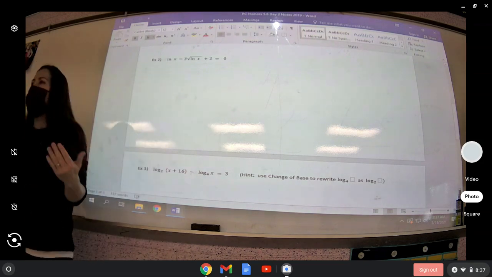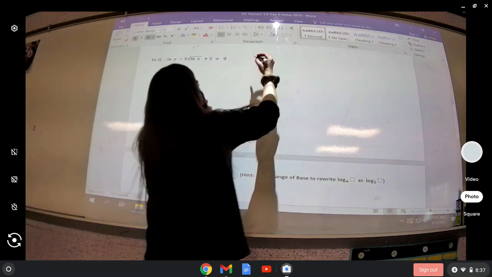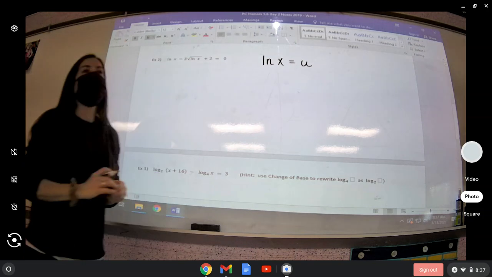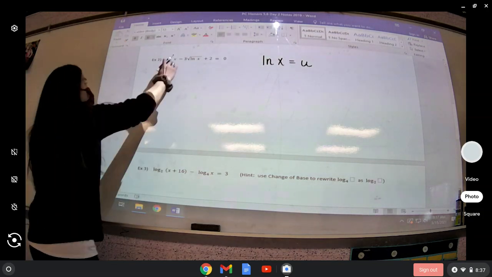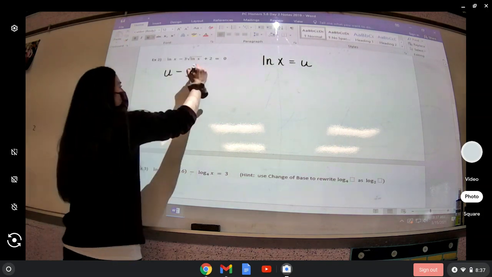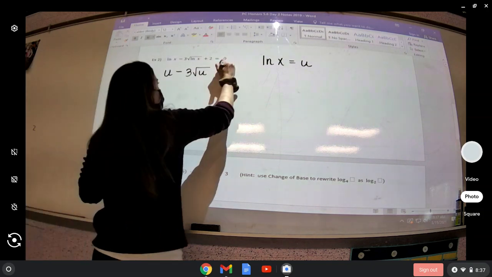So I have this recurring natural log of x. Let's take that out, let's put a u in its place. Every time you see the natural log of x, put a u there. So this will be u minus 3 times the square root of u, and then plus 2 equals 0.